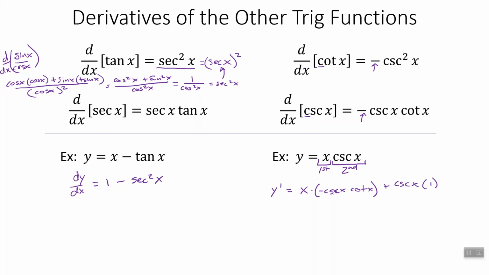All right, now we can distribute here, I guess. Not really distribute, just get rid of the parentheses and bring the negative out front. And really, there's not much else we can do. If you want to pull out a cosecant, you can, but you don't need to. And there's our answer right there.